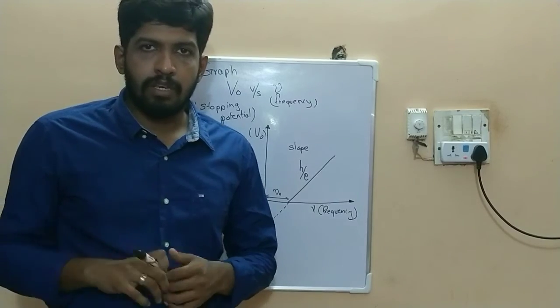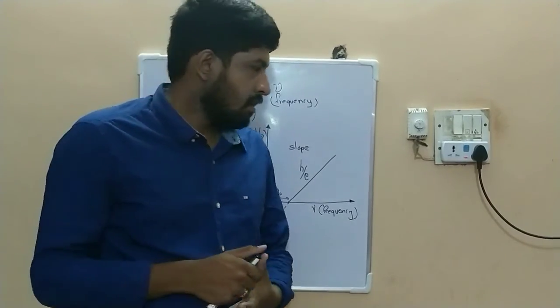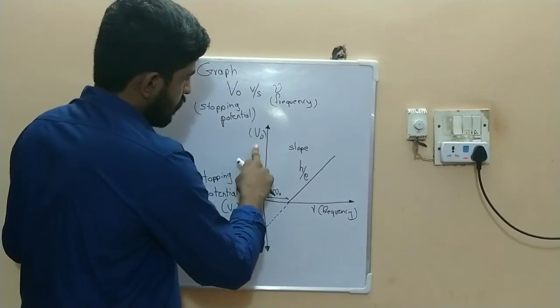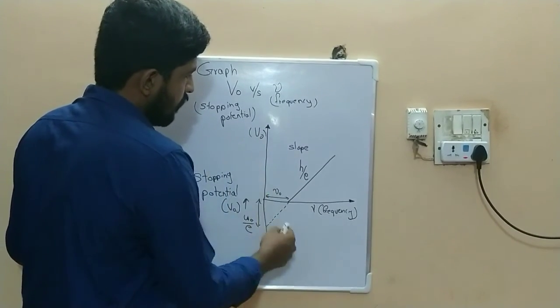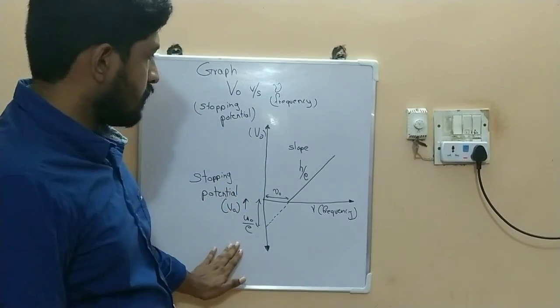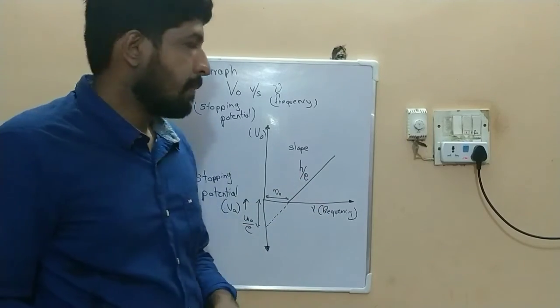Next we are explaining the stopping potential and frequency graph. Here we have plotted the stopping potential on the y-axis and the frequency on the x-axis. We see the graph is a straight line which has a slope of h divided by e.